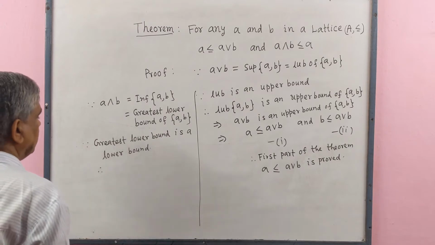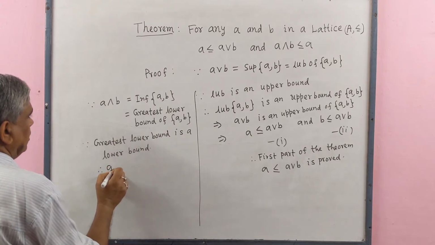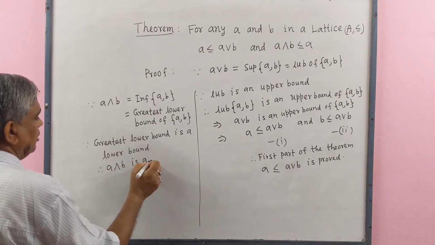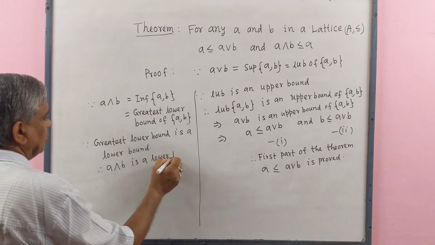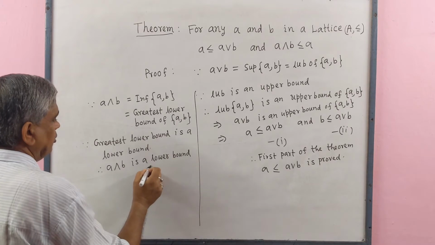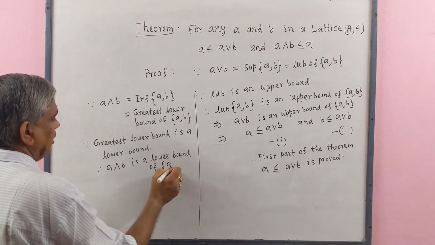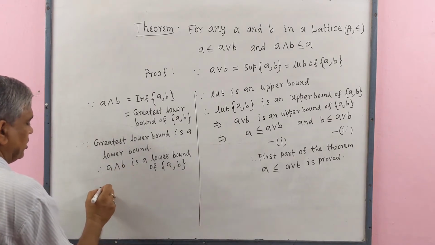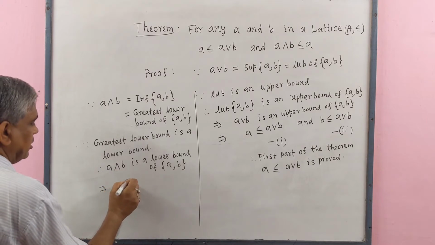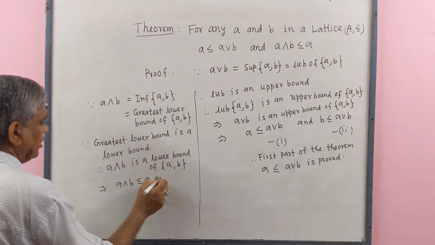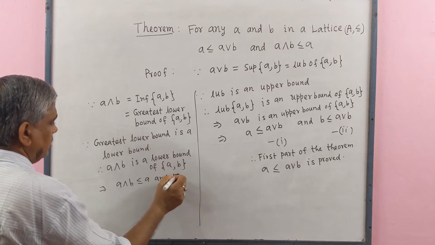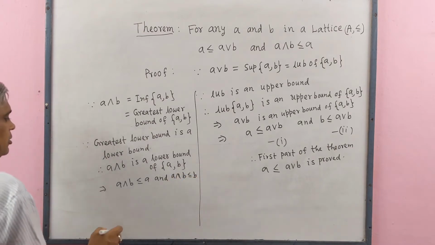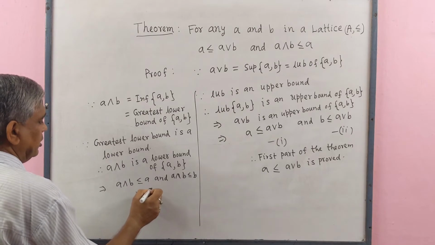therefore A meet B is a lower bound of set containing A and B. Lower bound means this is less than equal to A and this is less than equal to B. This is number 3.